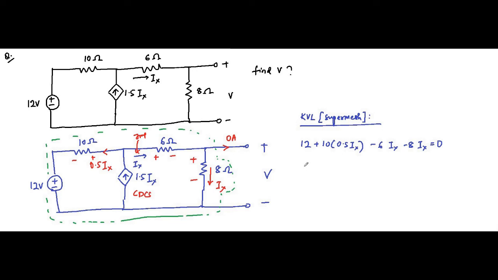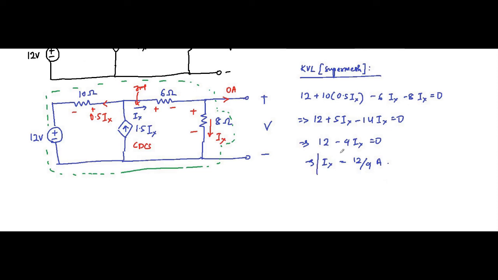That implies 12 plus 5 Ix minus 14 Ix is equal to 0. That implies 12 minus 9 Ix is equal to 0. That implies Ix is equal to 12 by 9 ampere.